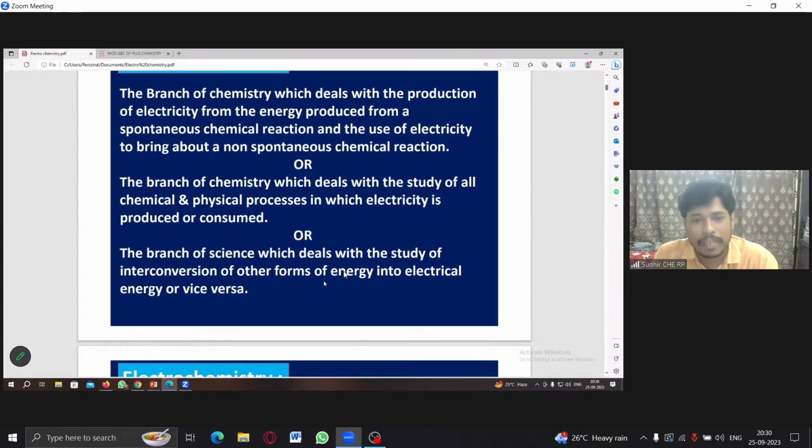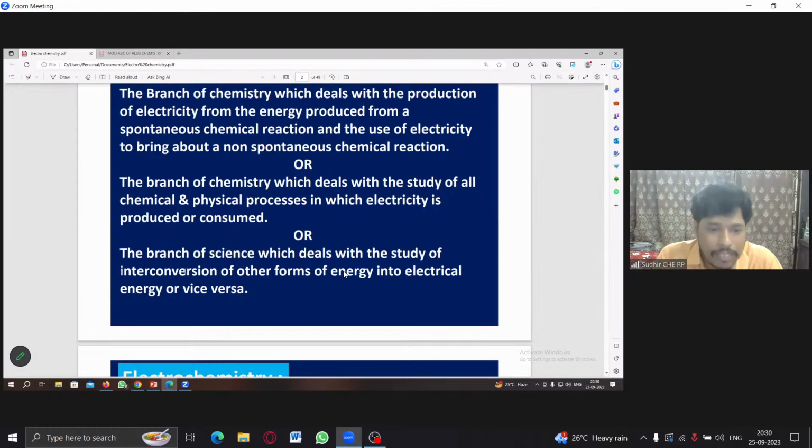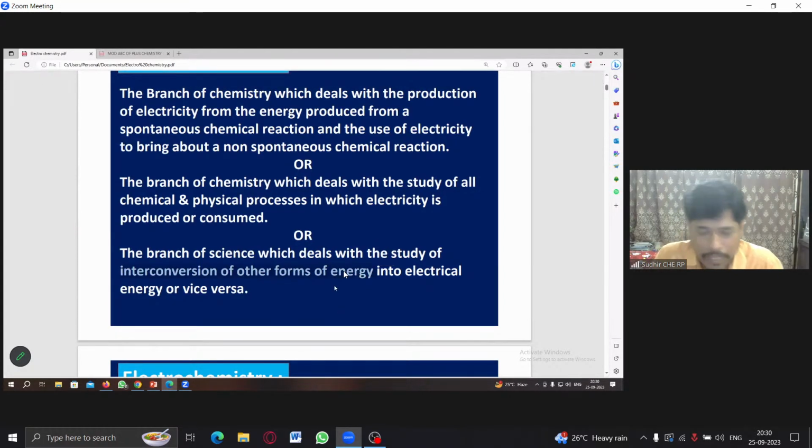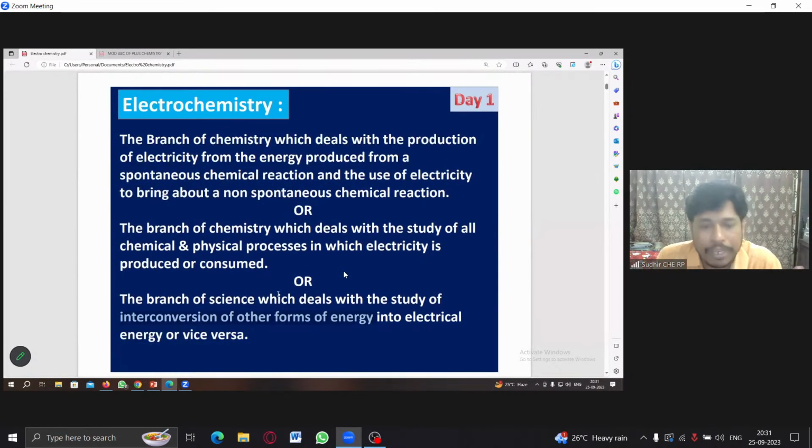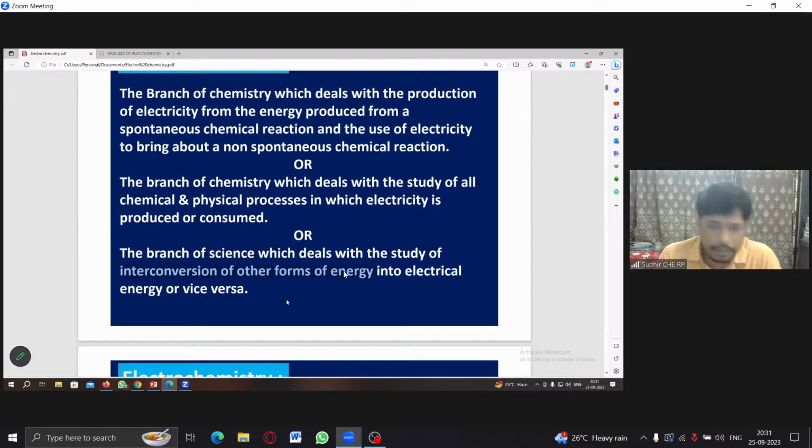In a similar way, in physics, we study in detail the law of conservation of energy, which mainly focuses on the interconversion of different forms of energies. So through this electrochemistry chapter, we are going to focus on how we can convert different forms of energy into other forms. This is the main thing we need to understand before entering this topic.